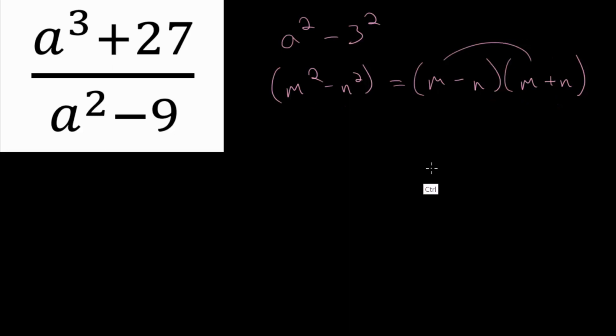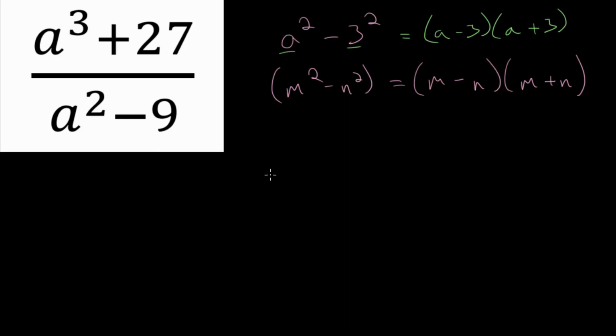So we can factor a squared minus 3 squared into the first one minus the second one, multiplied by the first one plus the second one, again ignoring those squares. And I encourage you, check this by remultiplying it back out.